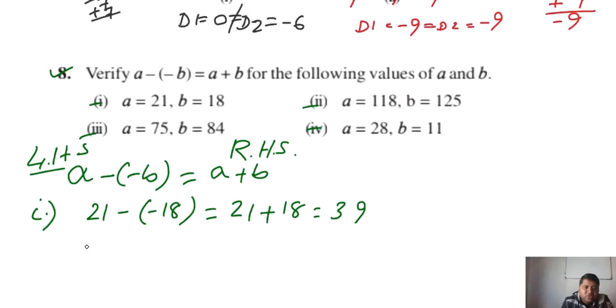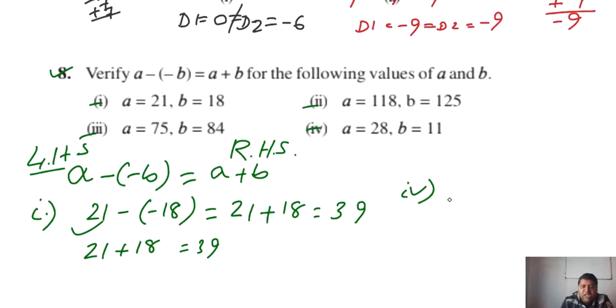Here also 21 plus 18 is 39. Therefore it is equal. Suppose we count number 4; you also calculate number 2 and number 3 in your workbook.